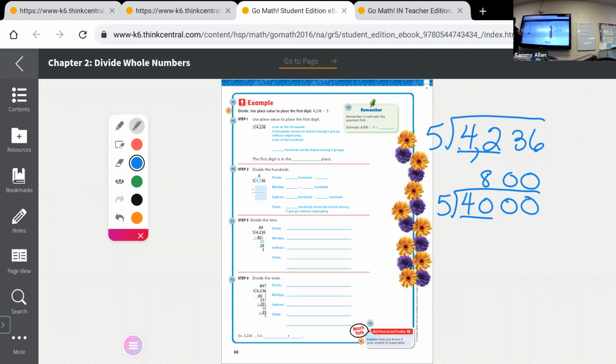I didn't get 40. I looked for a multiple of 5 that was close to this 42. Okay? But 45 also works. How many times does 5 go into 45? 9.